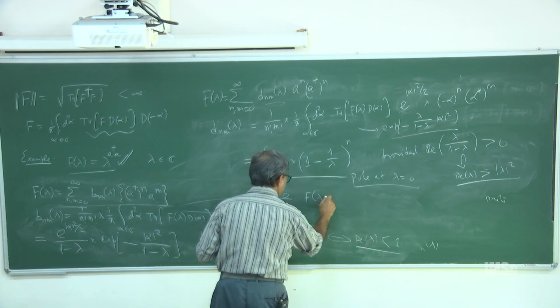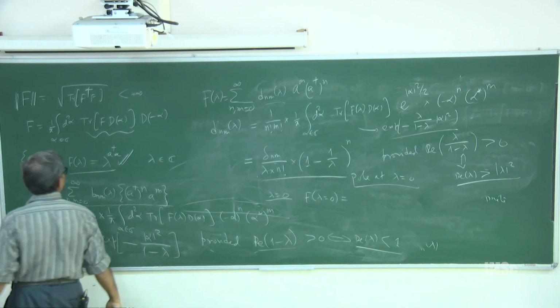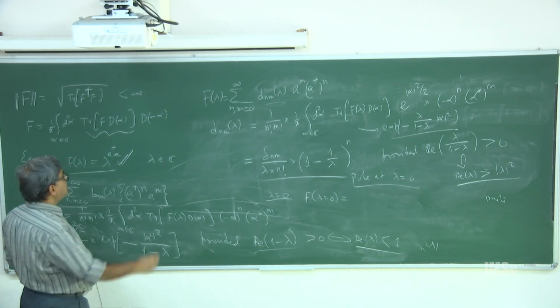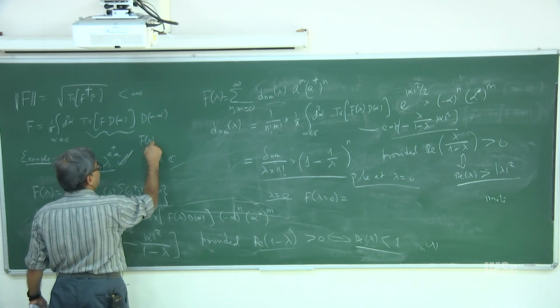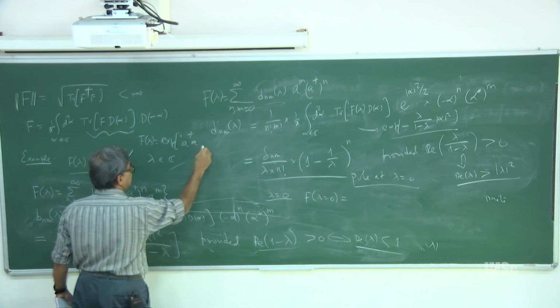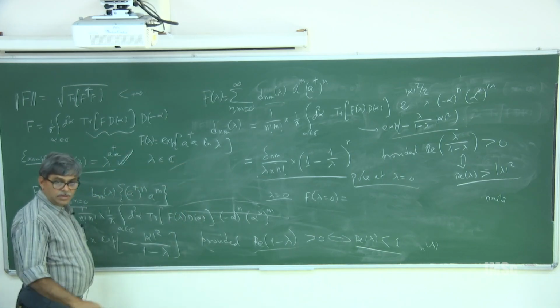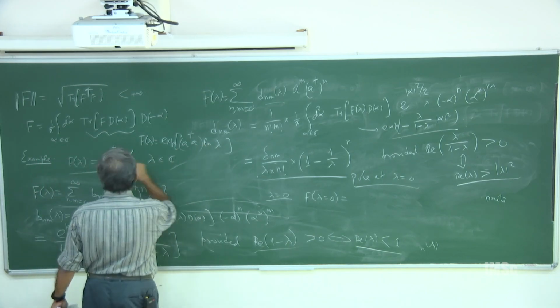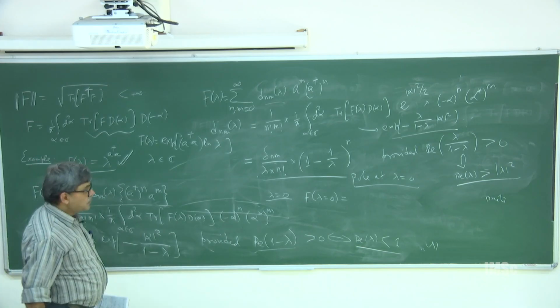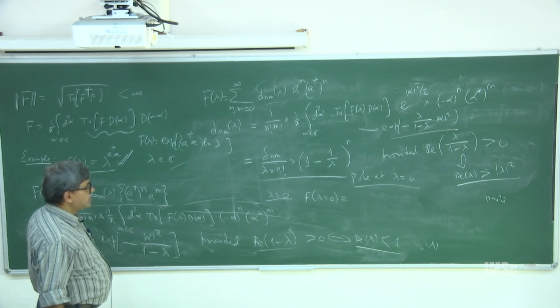What is f lambda at lambda equal to 0? You remember, f lambda I can also write as exponential of a dagger a times ln lambda, because it is lambda to the power a dagger a. So if I take lambda equal to 0, what will I have?